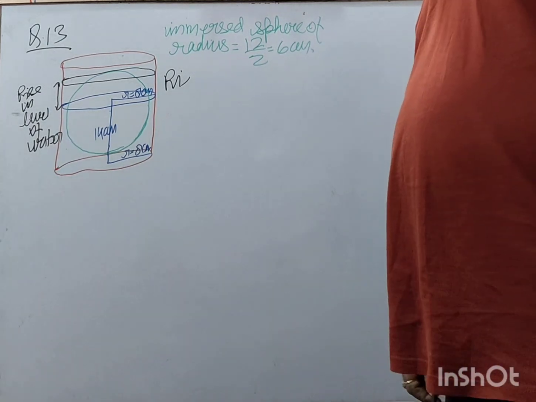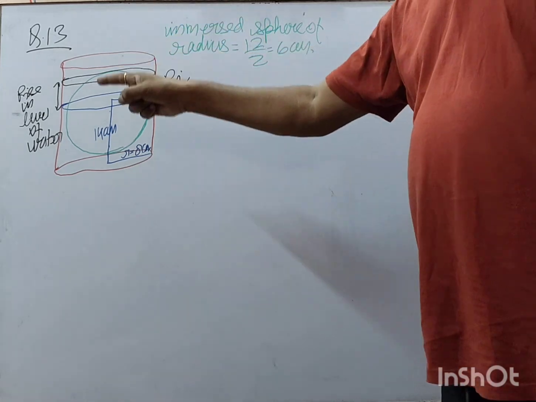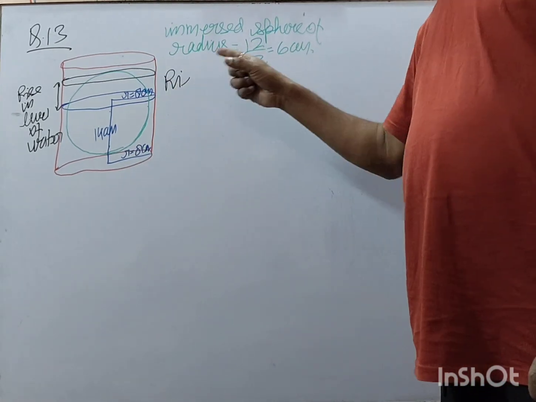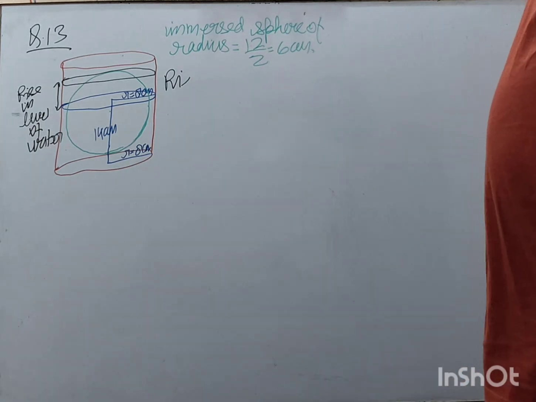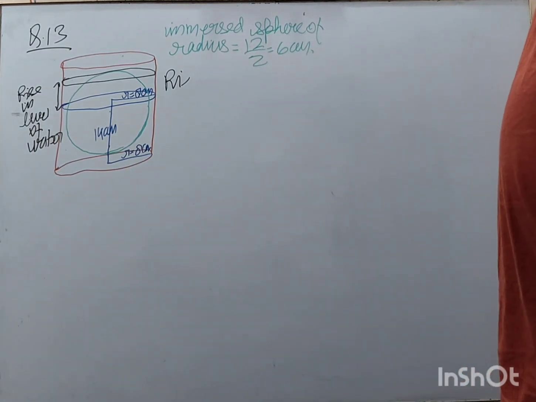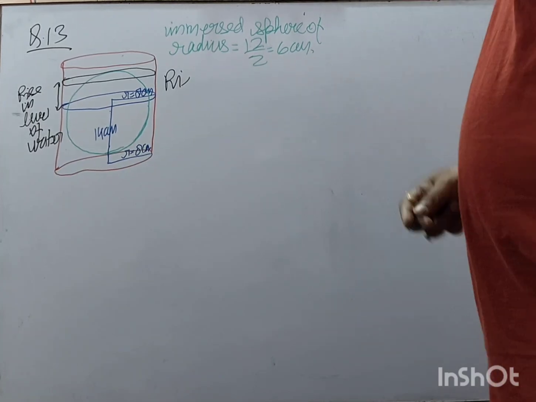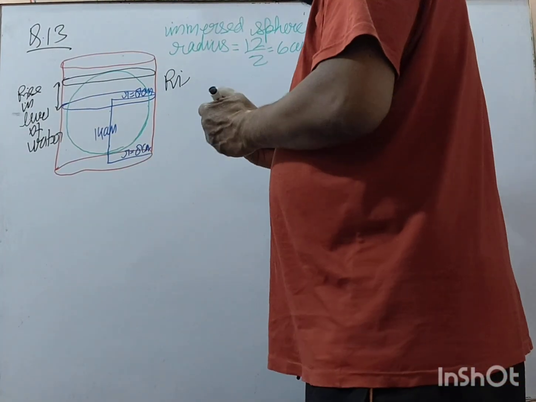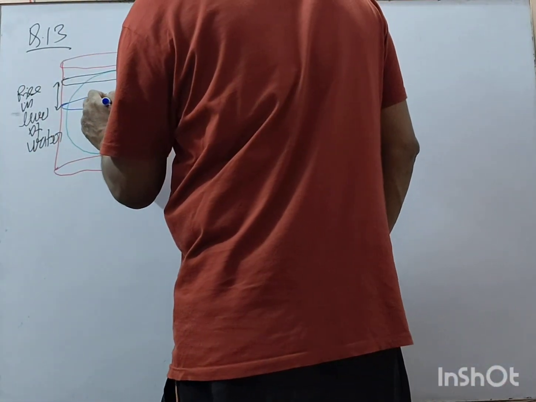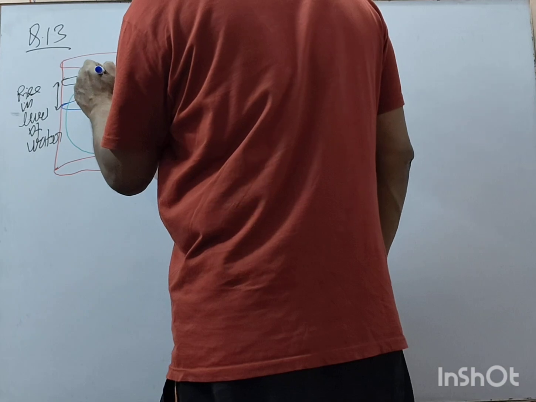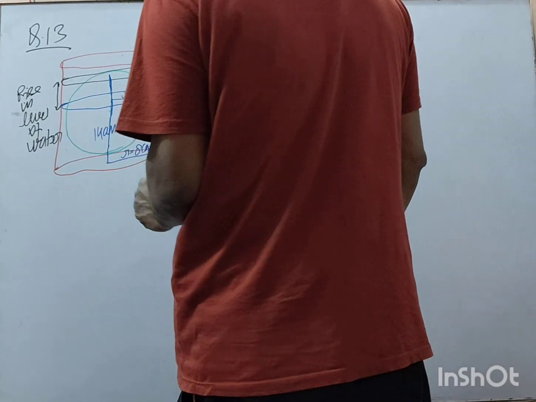That means a sphere is in a cylindrical glass jar, and the height of water is 14, right? This height from here is 14.